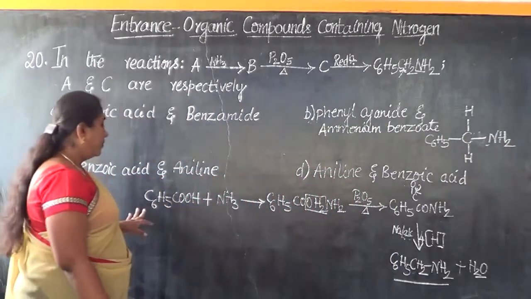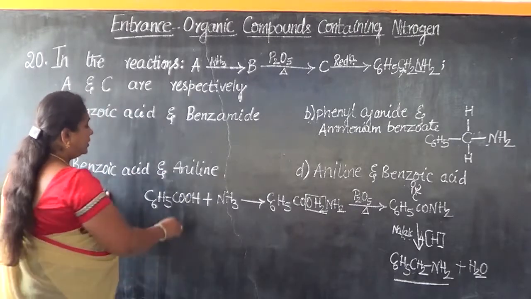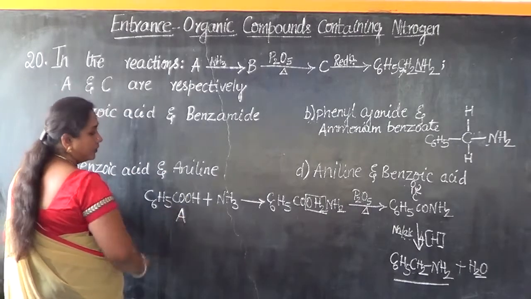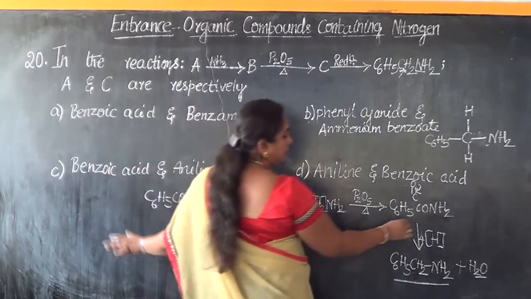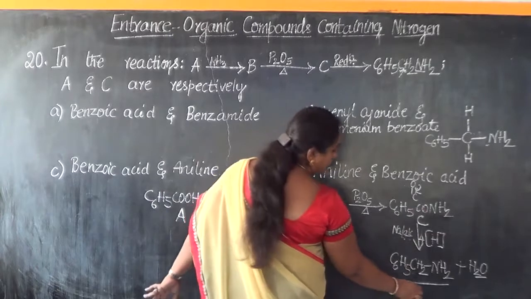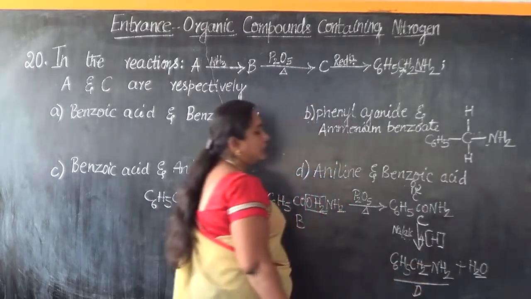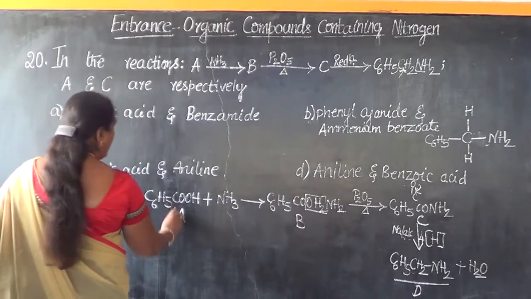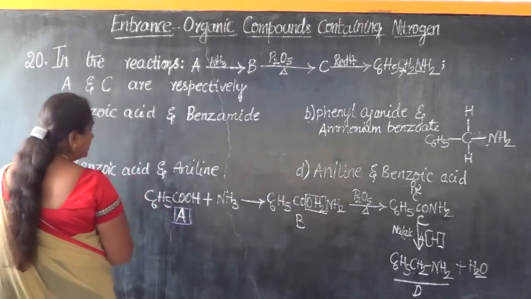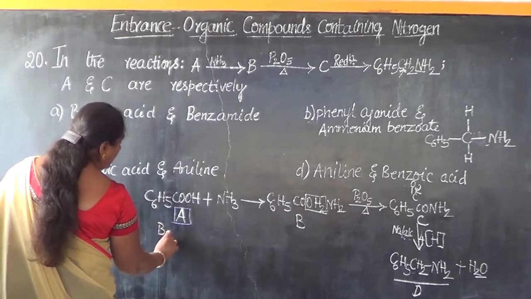Now what are A, B and C? So this is our A and this is our B, this is our C, this is the last product, let me call this D. So now what are all the focus points? A, what is A? This is benzoic acid.